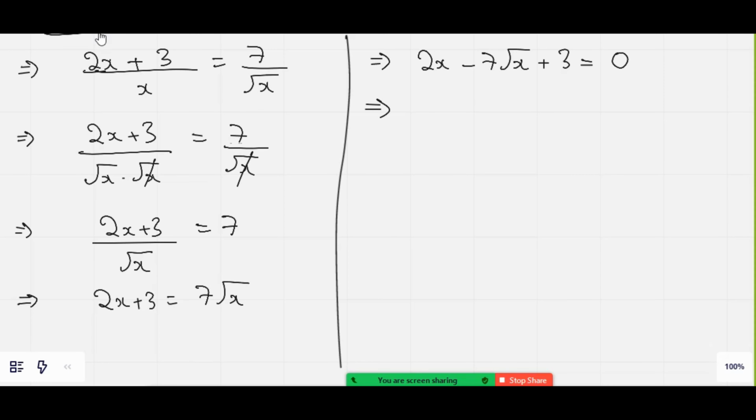So by letting your middle term variable along with its power equal to some other variable, I call it y. Once I square both sides, I'm going to get x equals y square.